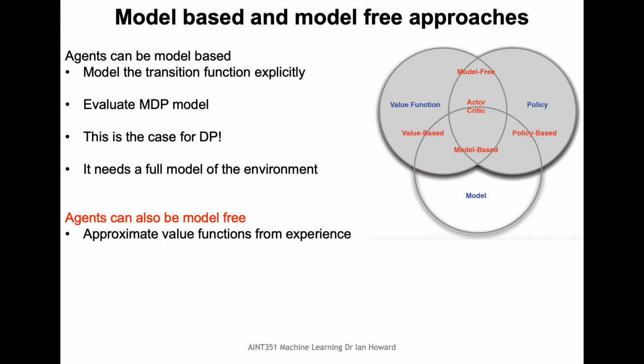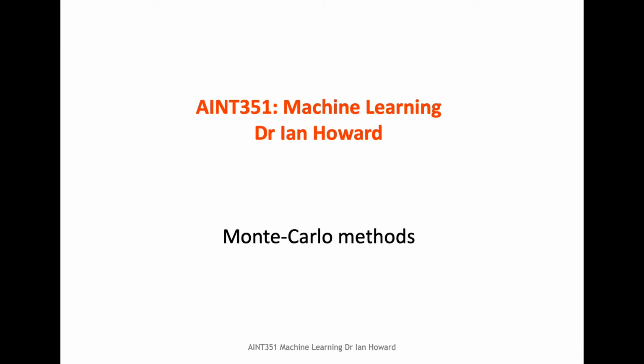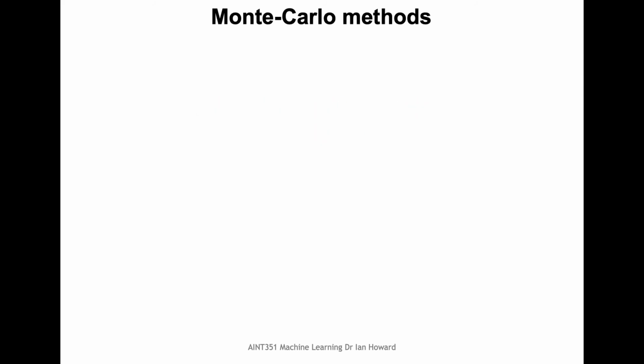But we can also have approaches which are called model-free approaches that don't have all of the information about the Markov decision process, and they can approximate the value function just by trying things out from experience. They don't need to model this transition function. And one such method is Monte Carlo.